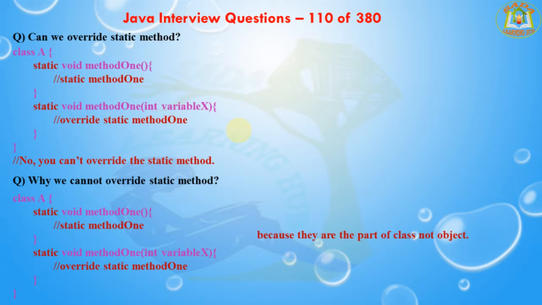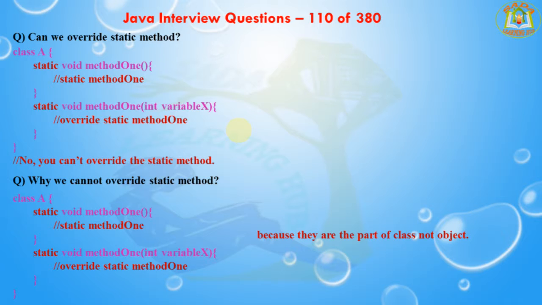The next question is, why can we not override the static methods? It is because the static method is part of the class and it is bound with the class, whereas an instance method is bound with the object. Static gets memory in the class area and instance gets memory in the heap area.